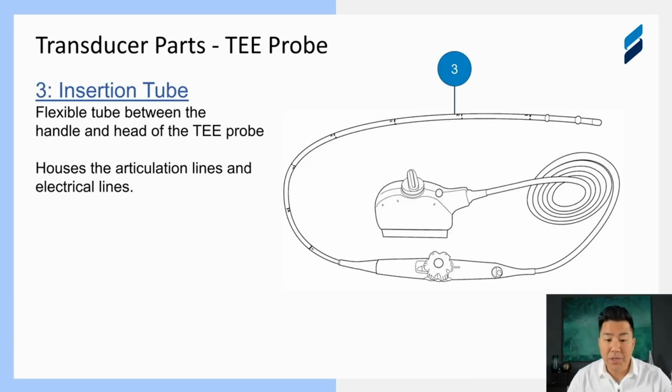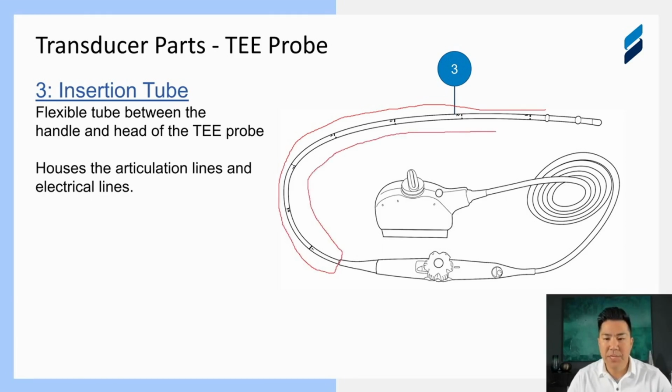Okay, we've got the insertion tube here. I'm going to trace the insertion tube for you, and it stops right here. This insertion tube is a flexible tube that all of you are probably very familiar with.